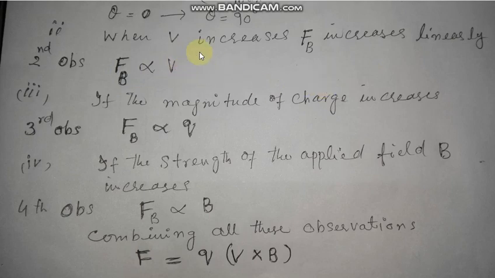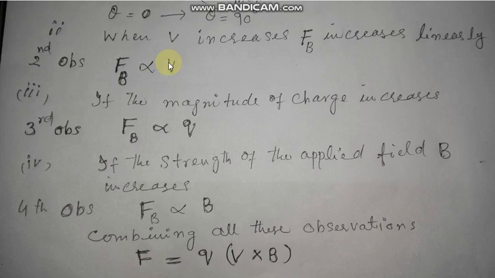So in this case, we will keep theta constant. We will keep the magnitude of the magnetic field constant. The only thing which we are changing is the velocity of the charged particle entering the magnetic field.